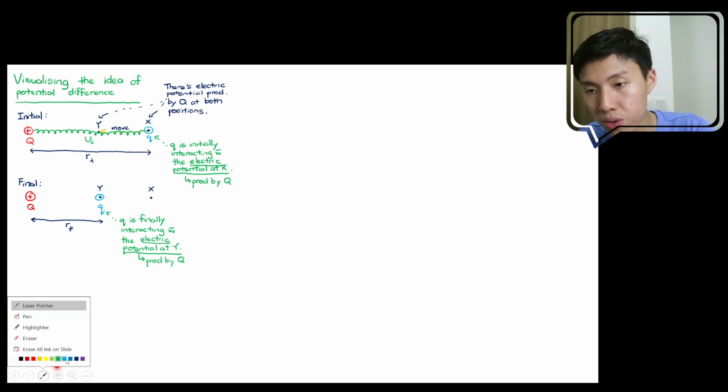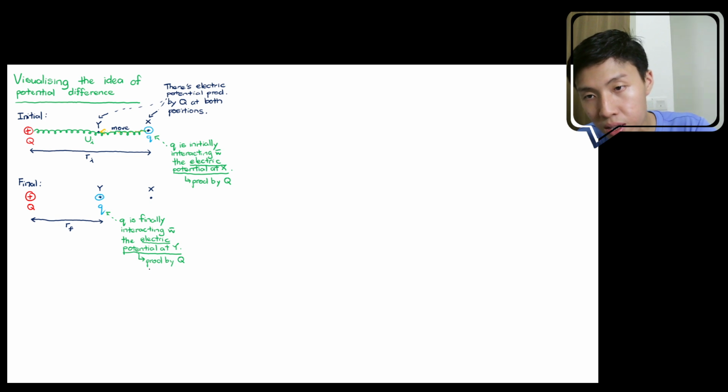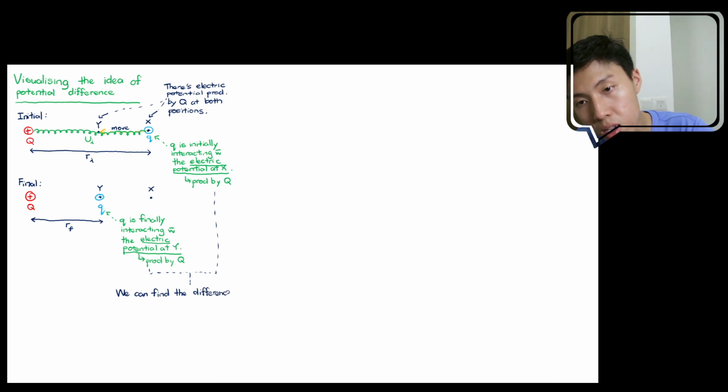So what we can say is we can find the difference in electric potential between these two positions.